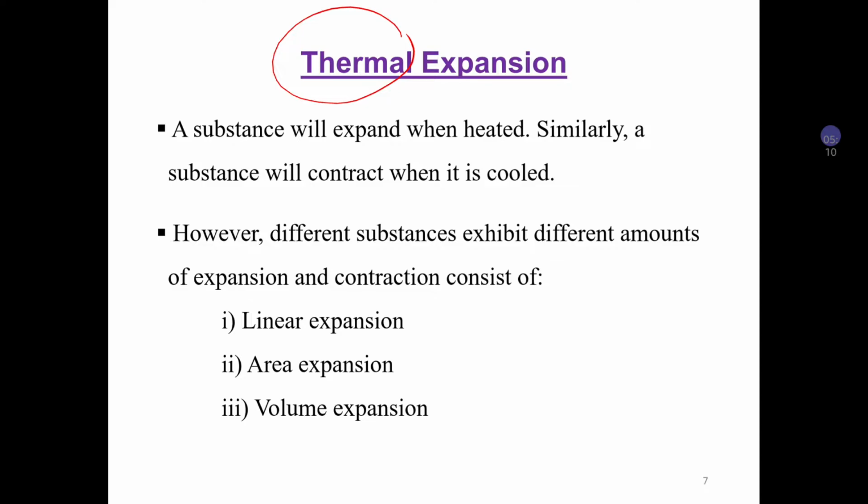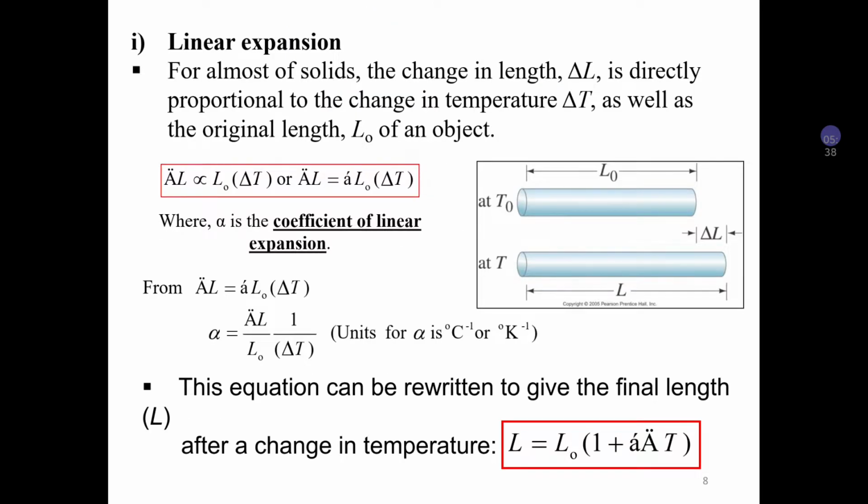Different substances exhibit different amounts of expansion and contraction, consisting of linear expansion, area expansion, or volume expansion. It means that when there are different materials, metals or objects, they will react with different expansion, either linear expansion or a change in surface area or volume. For linear expansion, for almost all solids, the change in length is directly proportional to the change in temperature as well as the original length of an object.